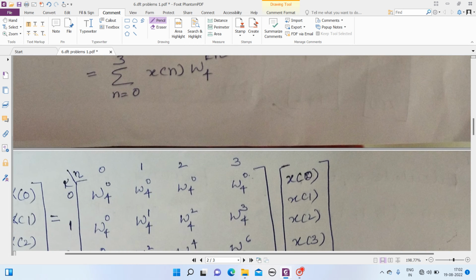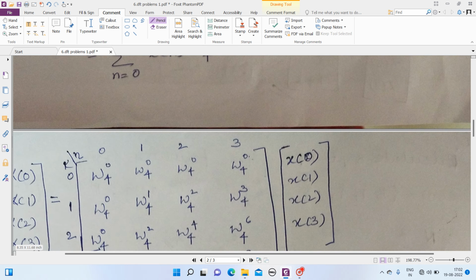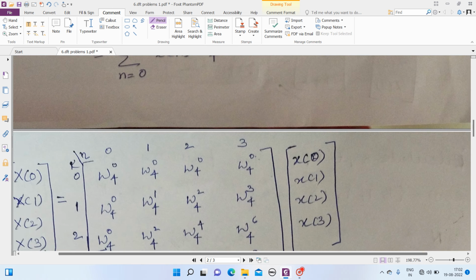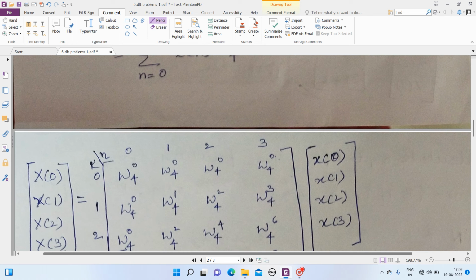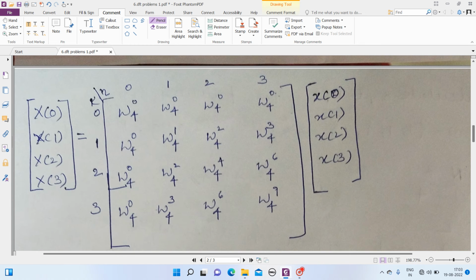As I said before in the previous video, instead of applying the direct computation method, or instead of applying the values to the direct equation, it is also possible to calculate the DFT using a matrix method. That is very easy. Personally, I will tell you to solve the problem using the matrix method.